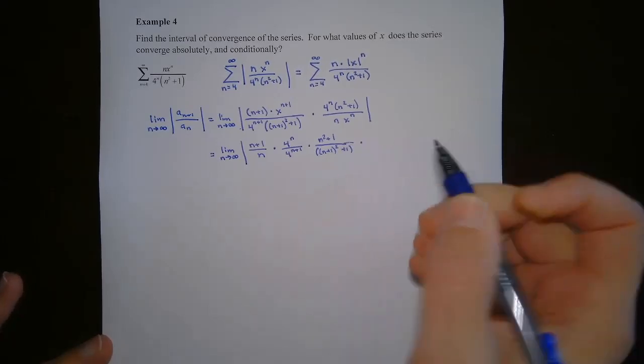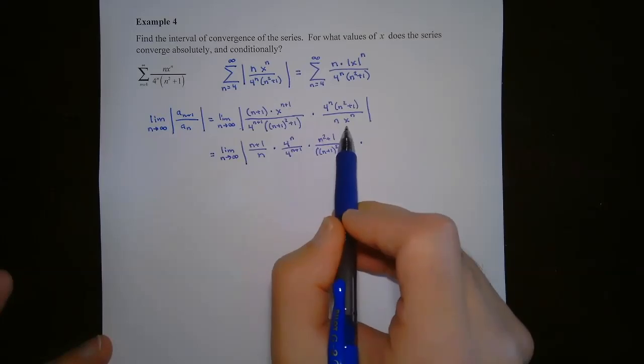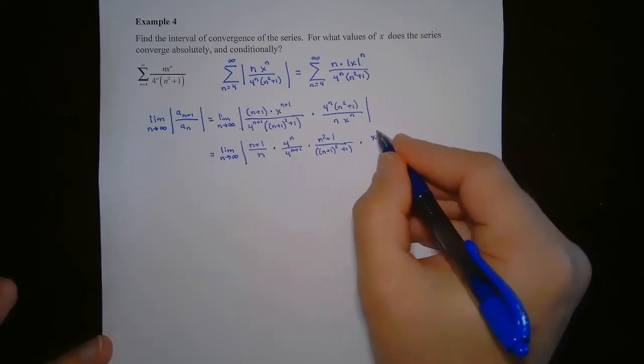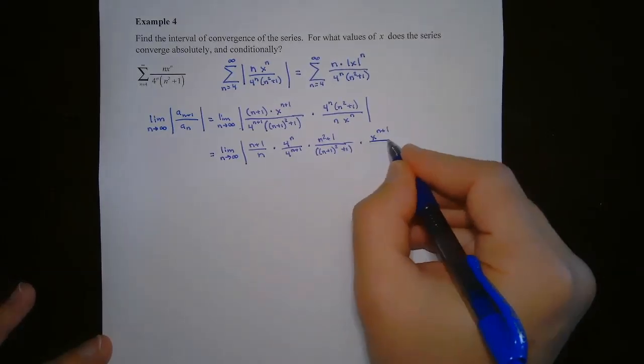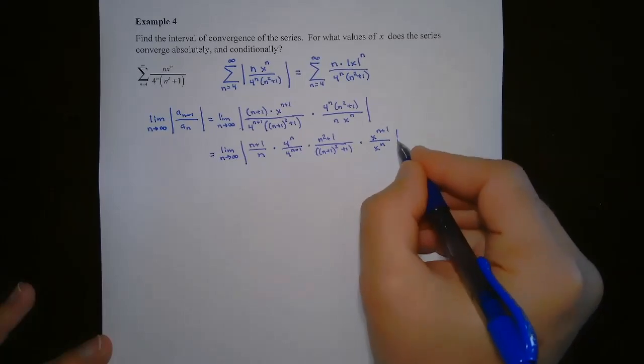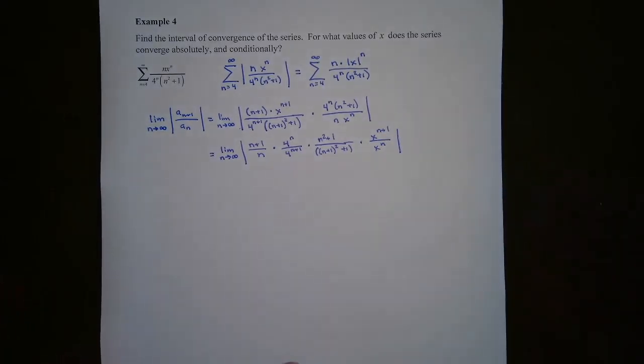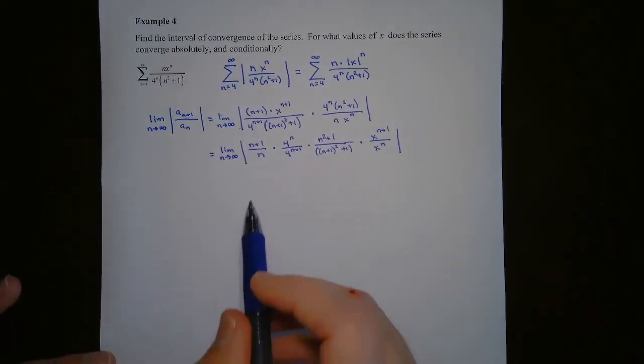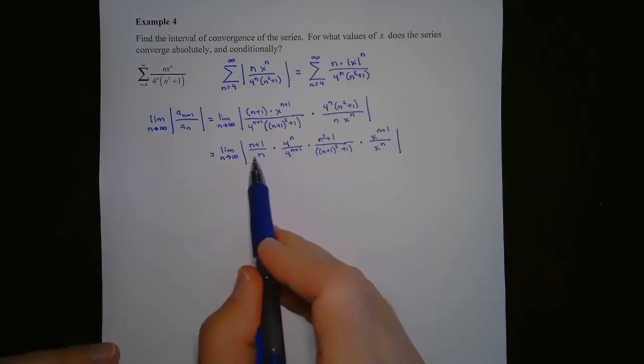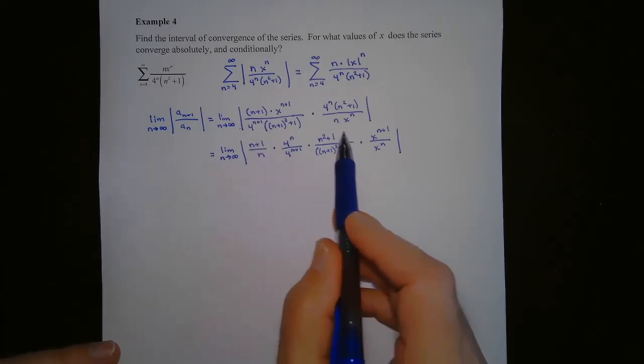And then times there's a fourth one, right? And then it's this x to the n plus 1 over x to the n. Okay. This one doesn't simplify. We're going to have to do the limit on this one, and we're going to have to do the limit on this one.